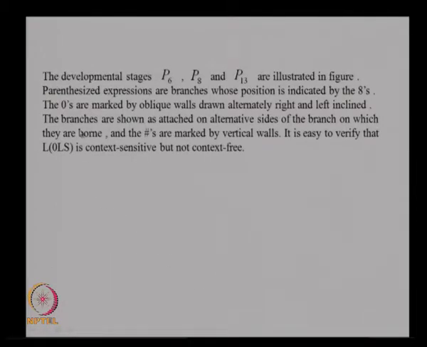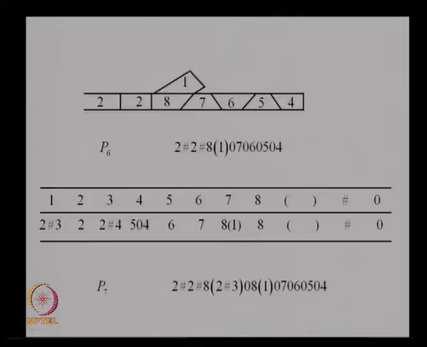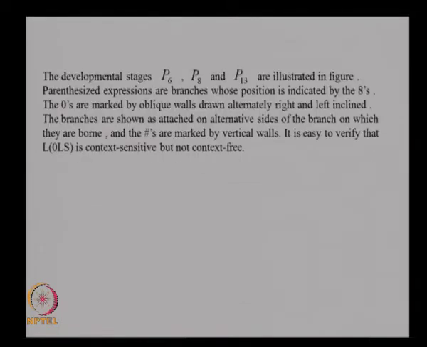So, the development stages can be represented again as the growth of a plant and branching out. P6, P8, P13 are given in the figure, we will see it later.